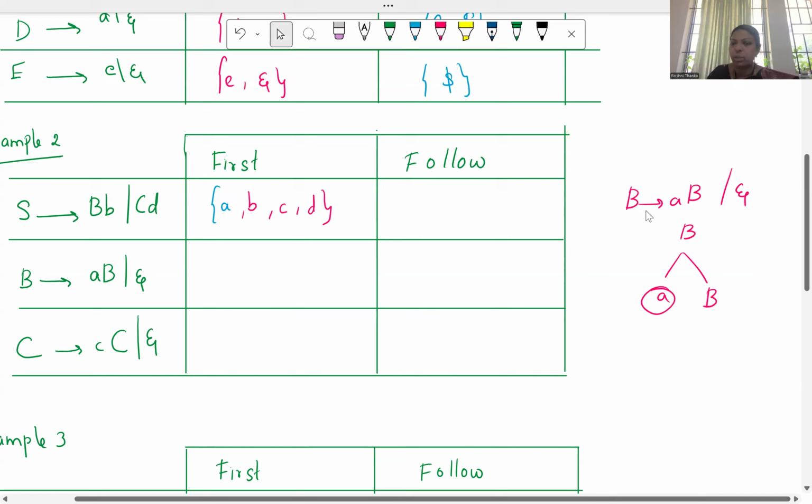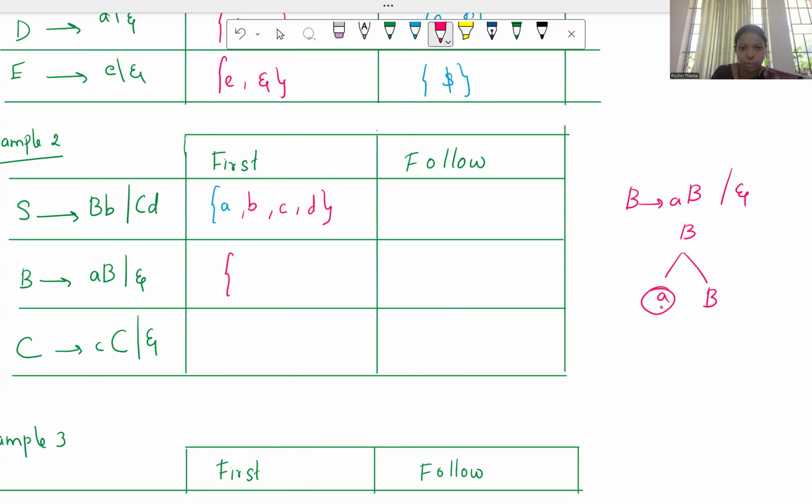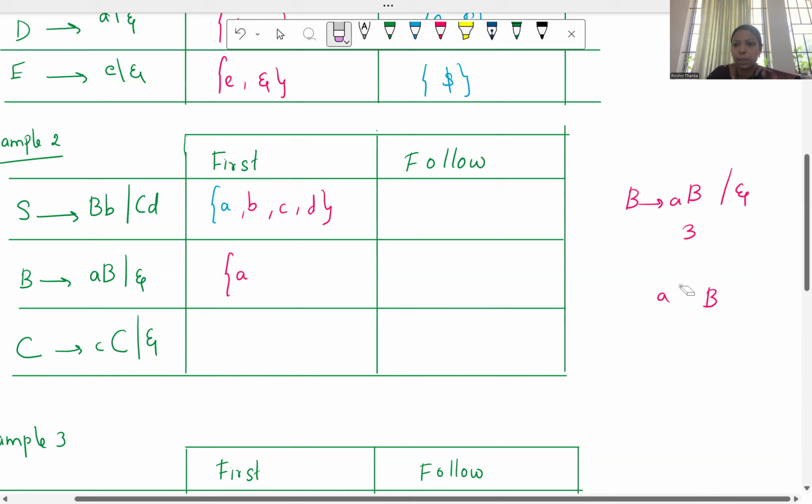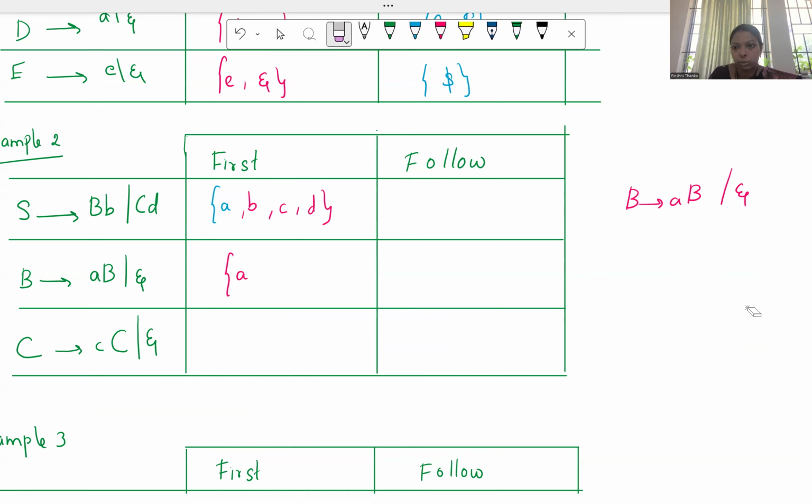So whenever I derive something out of this production, who will be the first symbol I'll be getting? Sure, the first symbol will be a, right? But now we have one more option for B. B can also be what? Epsilon. So as I told you, B derives aB.